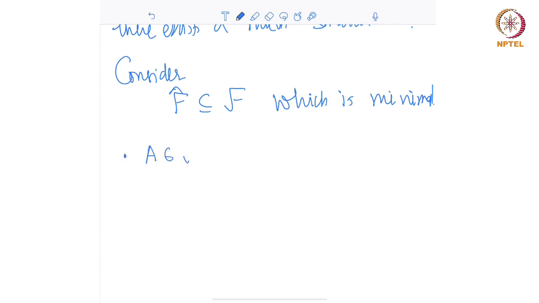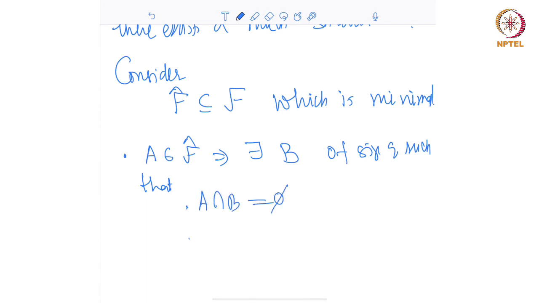Suppose A is in F hat, this implies there exists B of size q such that A intersection B is empty, and for all A prime in F hat minus A, A prime intersection B is not equal to phi, right.